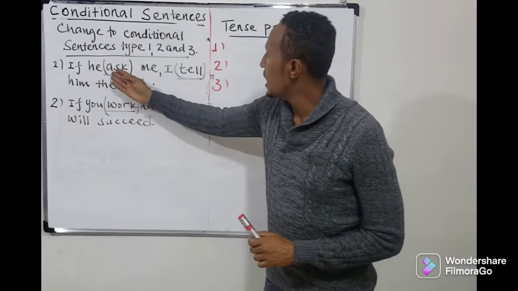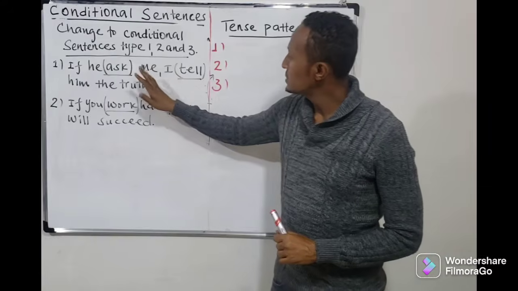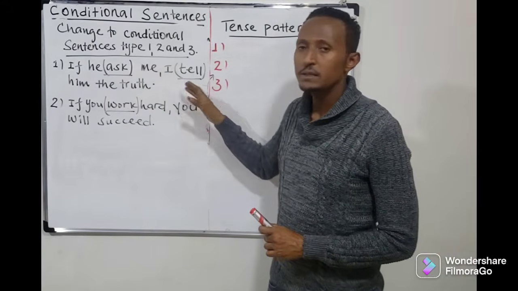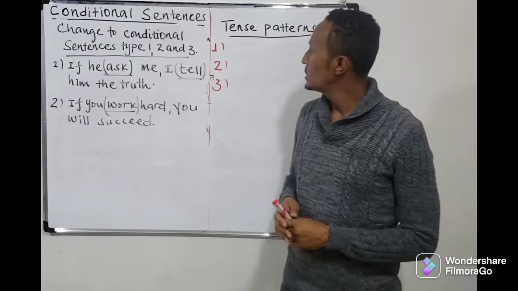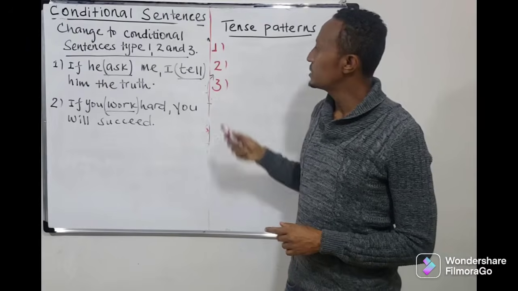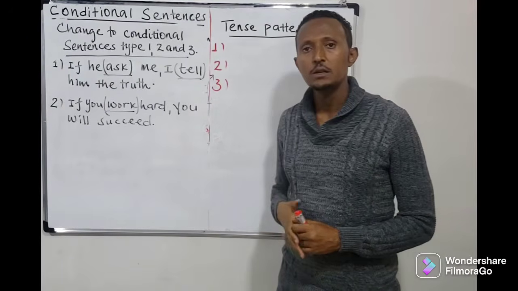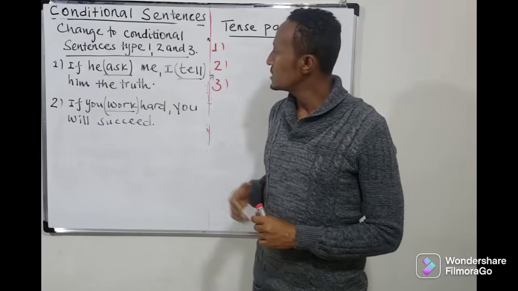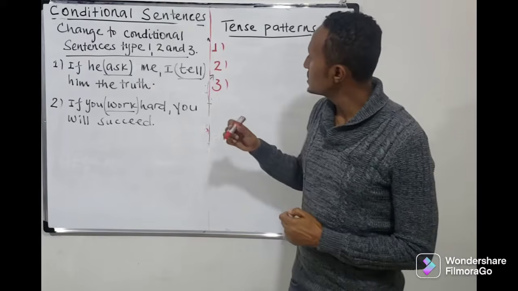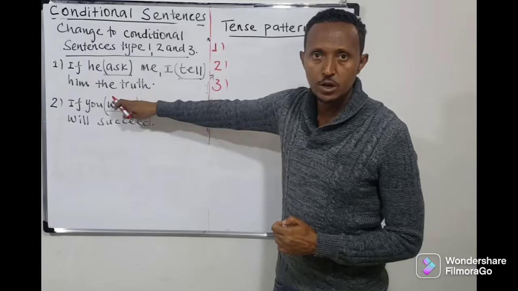Here we have, if he asks me, I tell him the truth. This is a conditional sentence, but the verbs in the parentheses are not in their right tense form. Now let's change it to conditional sentence type 1, type 2, and type 3. In order to change, we should think of the tense pattern of each conditional sentence type in the if and main clauses. In conditional sentence type 1, in the if clause we have simple present based on our discussion.